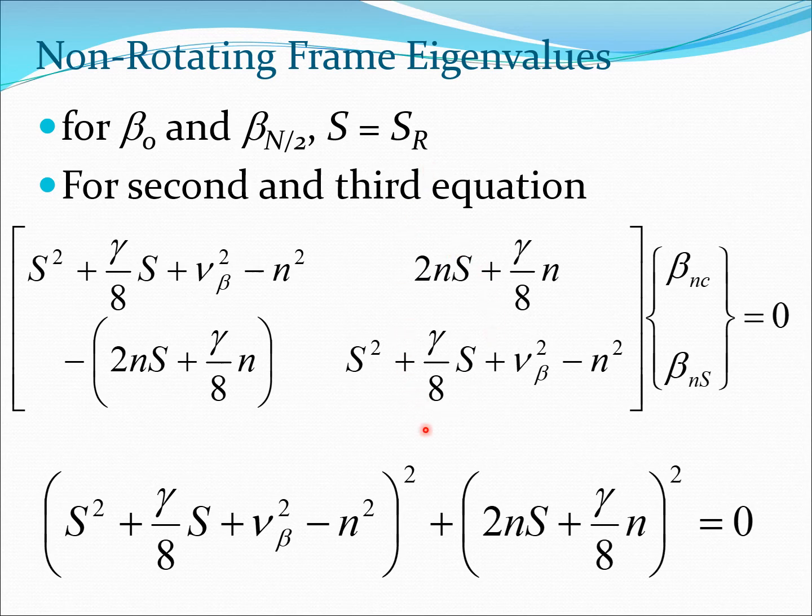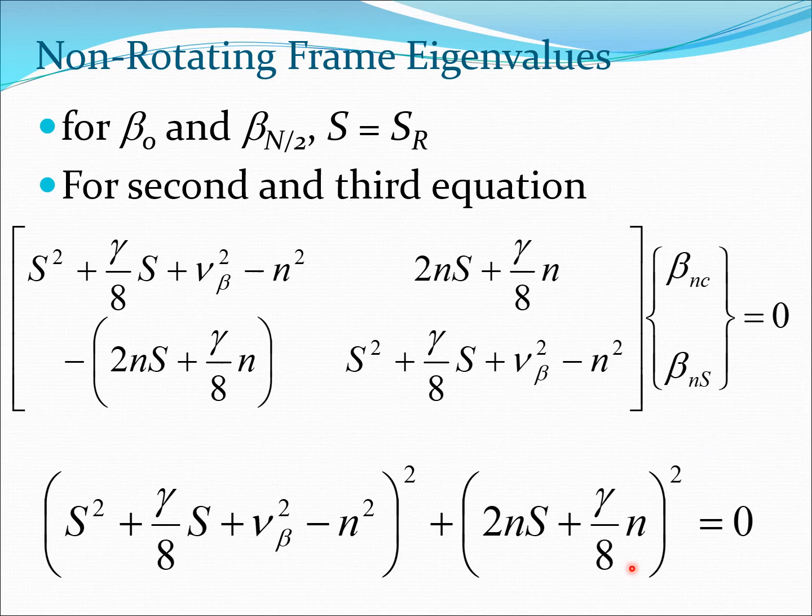Now we take the second and third equations and write them in matrix form. This clearly brings out the coupling terms in terms of beta nc and beta ns, and these are the diagonal terms. Essentially this determinant should be 0, because we want a non-trivial solution in terms of beta nc and beta ns.